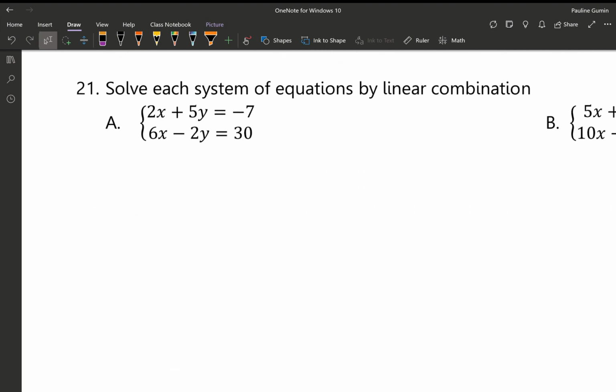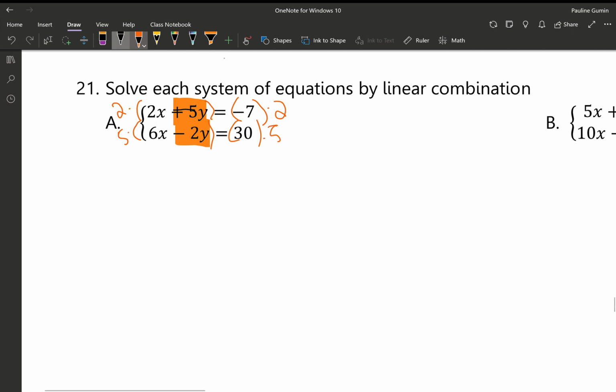So what we're going to do here is look at the x's and the y's and see if we see any opposites. Now, what I notice is that I have almost opposites. I have a positive y and a negative y. I'm going to force them to become opposites. I'm going to do this by multiplying the top equation by 2, because that's the number on the bottom next to the y, and the bottom equation I'm going to multiply by 5.